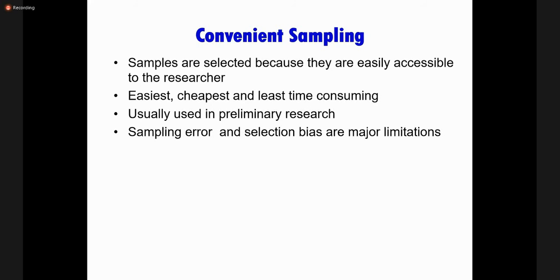The problem with this technique is that sampling and selection bias are major limitations. Many times your sample may be different when you take it on the basis of convenience only. If we are doing a survey on health seeking behavior of the population and collecting data from all the people coming to the OPD of a civil hospital, the people who come to the OPD are taking care of themselves and seeking health care.